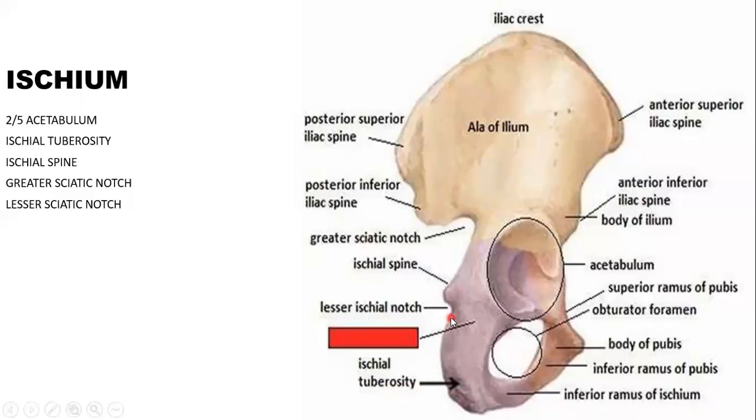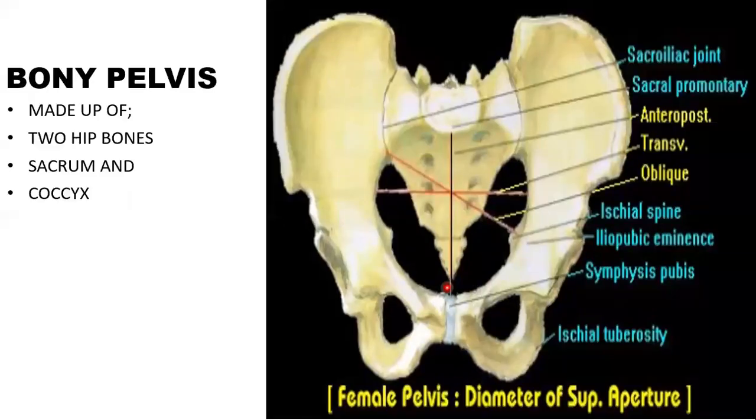Then you're going to have the lesser sciatic notch and the greater sciatic notch. Then in between the two notches, you have that spine known as the ischial spine. Okay, so that's all about the ischium.